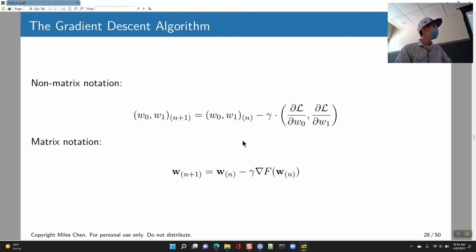Or, in matrix notation, we take our current value of w at time n and subtract off gamma times the gradient of f at wn, and this gives us the value of w at our next iteration, time n plus 1. So these two things say the same thing. Here we have w and the gradient in matrix notation, and here we have it listed as partial derivatives.